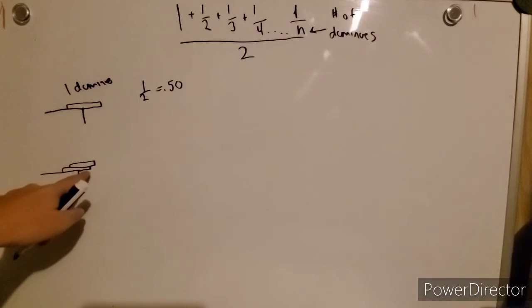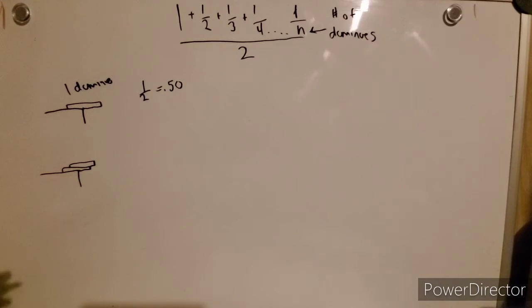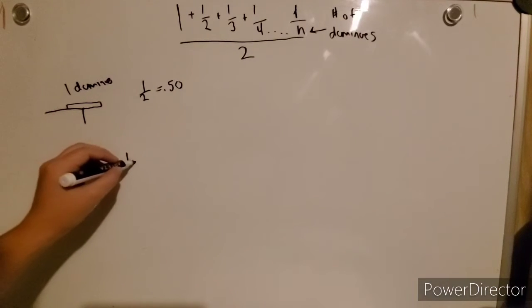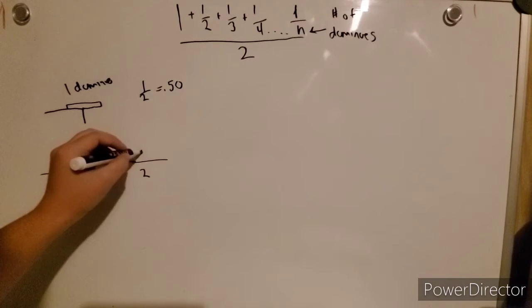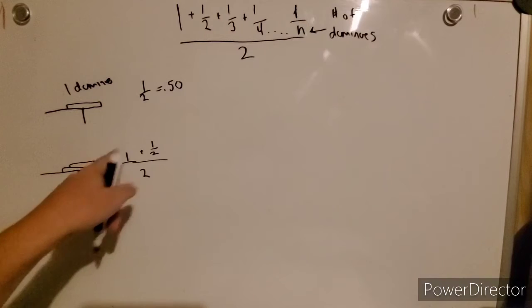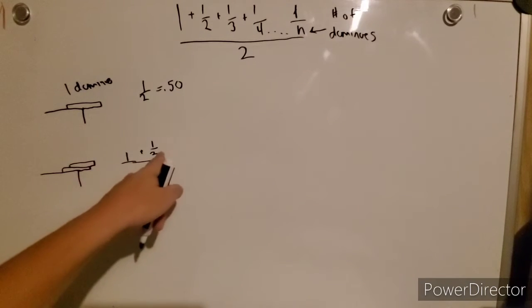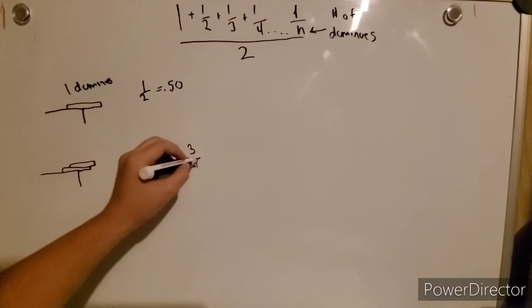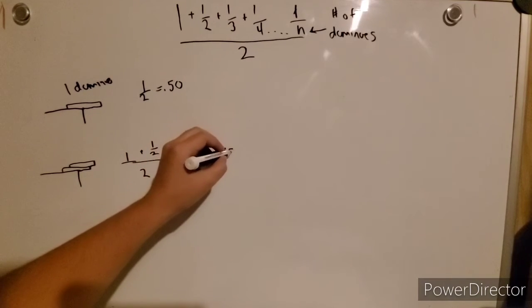So assuming this is the first domino, second domino, we're going to have to move the placement of them. So our sum of harmonic sequence formula will now become 1 over 2. Since n is the number of dominoes and we have 2 dominoes, it's going to be 1 over 2. And this gives us 3/4 or 0.75.